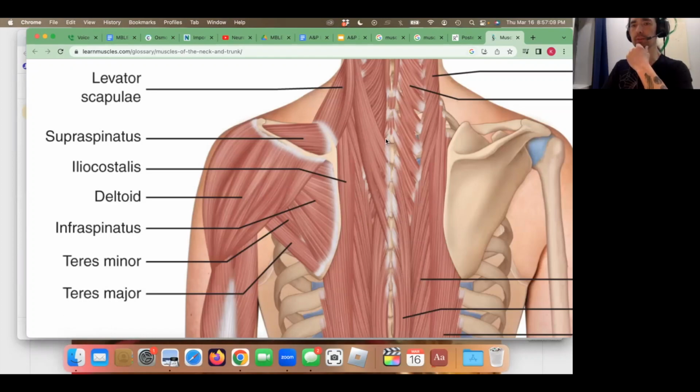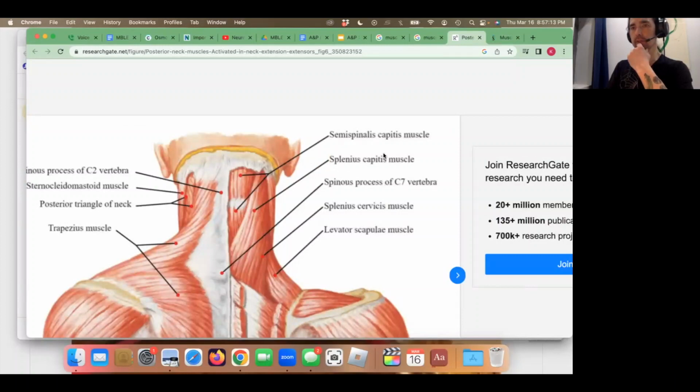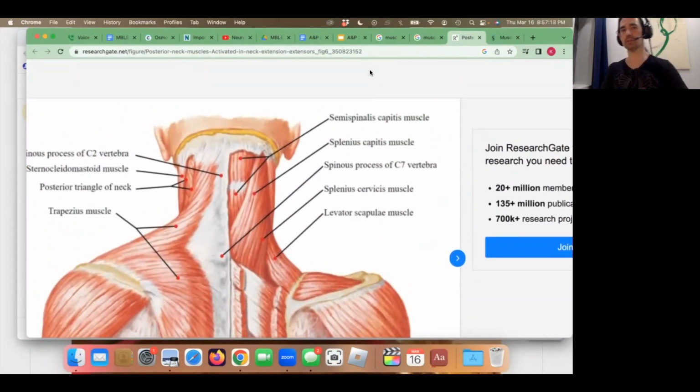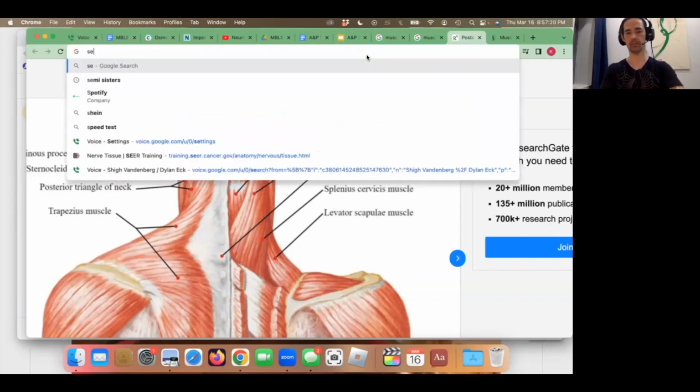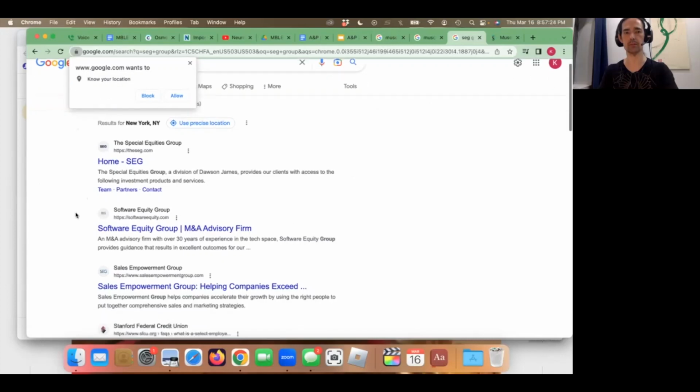Let's finish up with the muscle layers of the back, and then we'll look at the shoulder and the hip, and then we'll move on to something else. So SEG stands for spinal erector group.